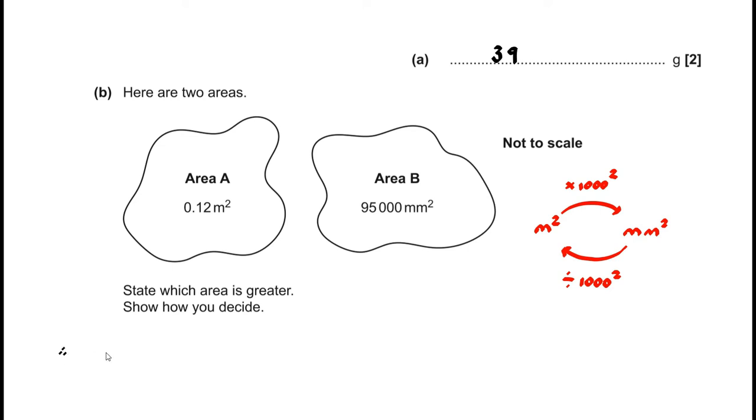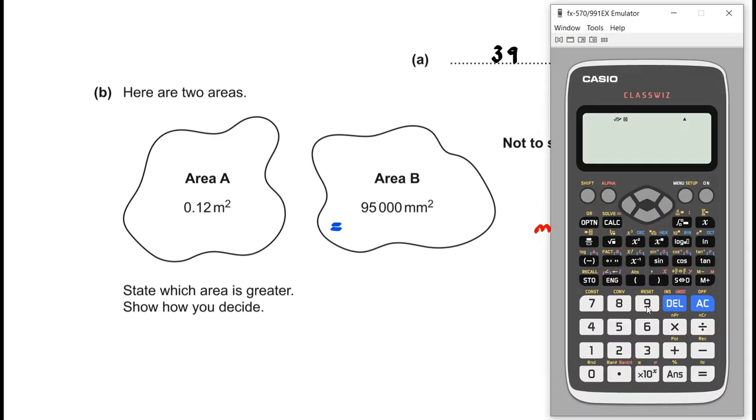So if I take a look at B, well, let's convert B into meters squared. We've got 95,000, and if I divide this by 1,000 squared, we get 0.095 meters squared.